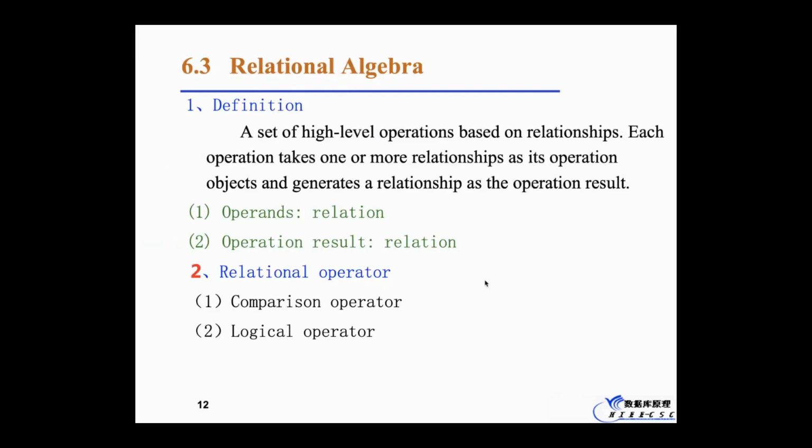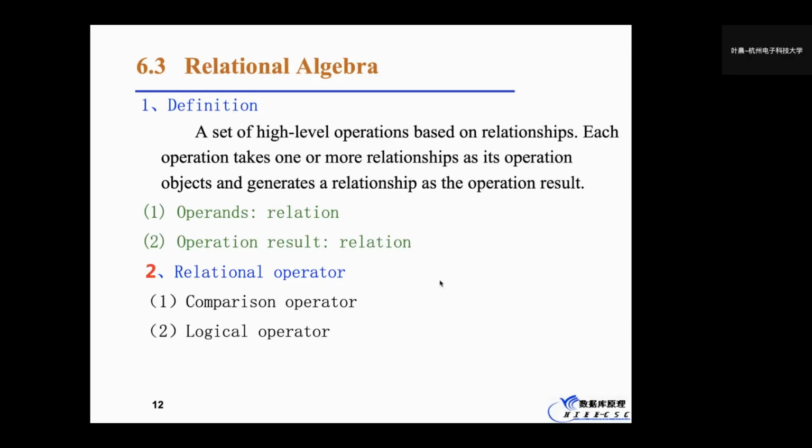So first, let's see what is a relational algebra. So the definition is a set of high-level operations based on the relationships. Each operation takes one or more relationships as its operation objects and generates a relationship as its operation result.